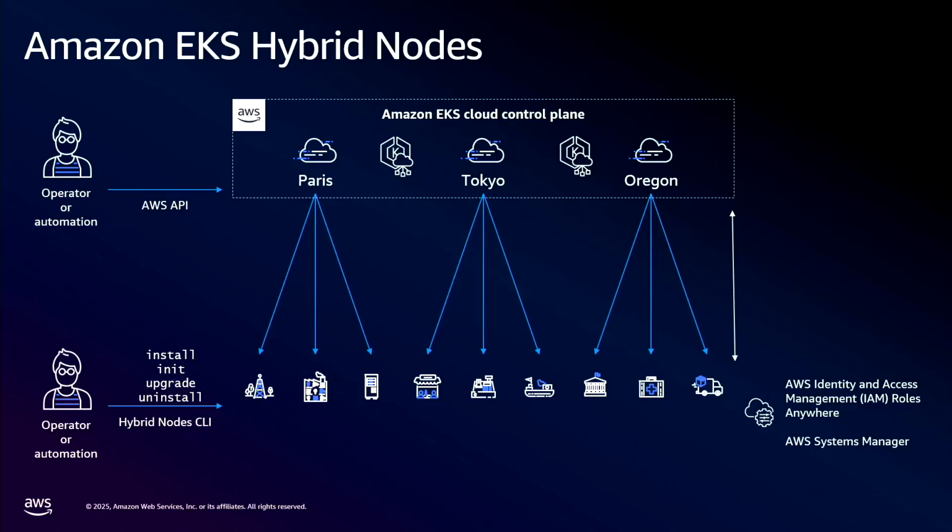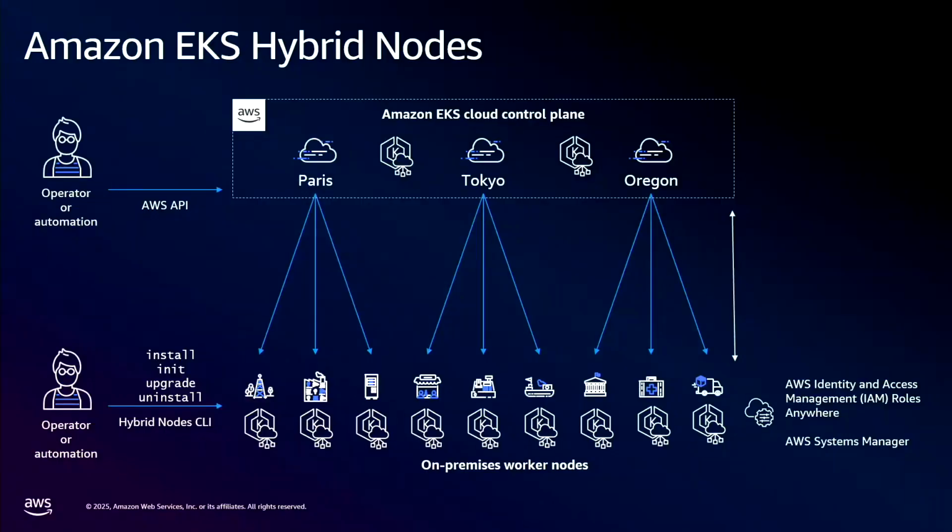You get to keep your on-premises infrastructure, and now you only use that on-premises infrastructure to run your applications, not the control plane. And those on-premises nodes, they can be physical, they can be virtual, they can be x86, or they can be ARM.